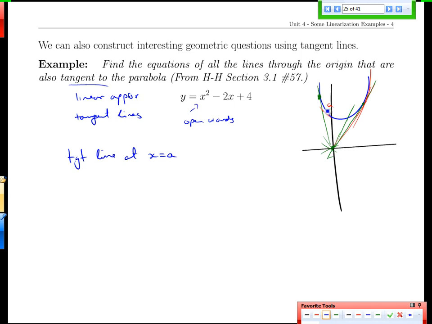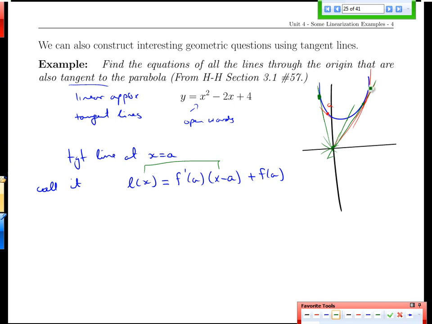So if we find the tangent line at x equals a, let's call that L of x. That line will be created using exactly the formula we've seen before for linear approximations: take the derivative times x minus a, plus f of a. And notice that x is our variable.